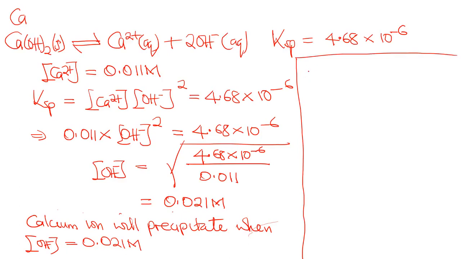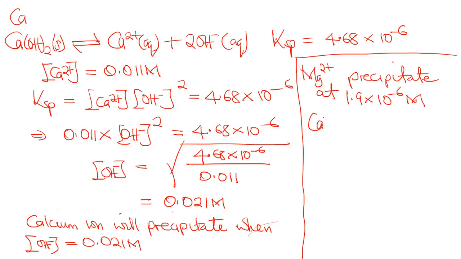So again, magnesium precipitates at 1.9 times 10 to the power negative 6 molar. Calcium precipitates at OH 0.021 molar.